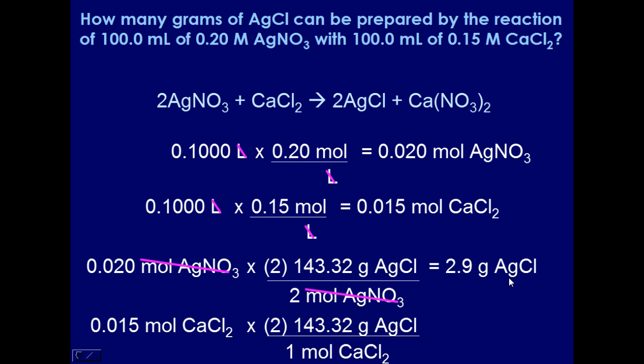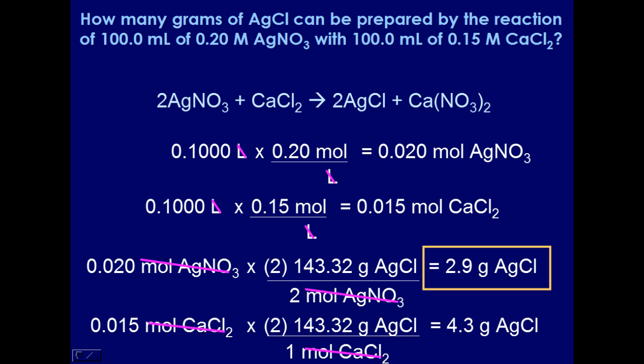That's just a shortcut you can use, and if you would like more clarification on that, just ask me in class. When we do the math through for the second half, we do indeed see that calcium chloride can make more silver chloride than the silver nitrate can, which means the 2.9 grams of silver chloride is the most product we can make.